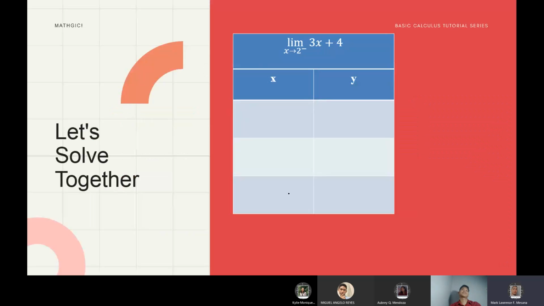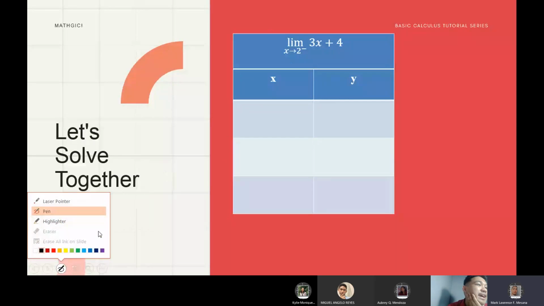Next is our next example: the limit of 3x plus 4 as x approaches positive 2. This is the left hand side because it has a negative sign on the exponent, which means less than the value of c.